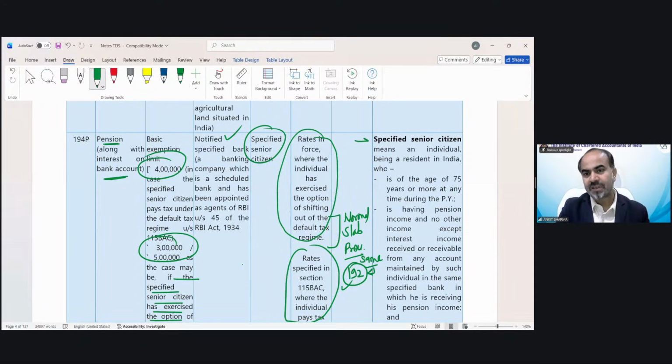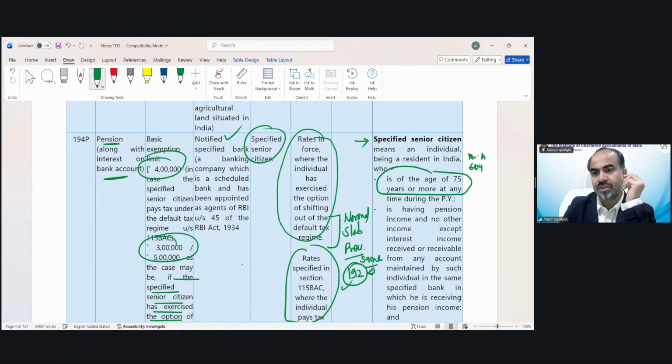Now the meaning of specified senior citizen. The new thing is, it says if the age of that person is exceeding 75 years. This is the exception we are discussing. Suppose Mr. A's age is 65 years. He is receiving pension from a bank and that pension does not exceed his basic exemption limit.